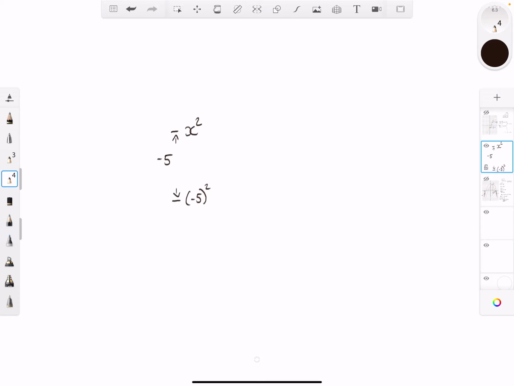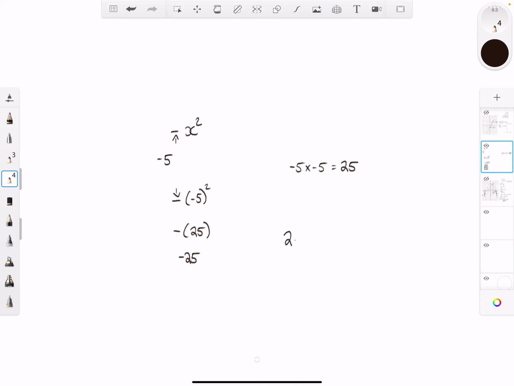And what you do first is you do the (-5)² first, okay? Because -5 multiplied by -5 is equal to 25. So now we have a minus and then in brackets 25. This minus and this 25 will become -25. So you just need to be careful of those, okay?